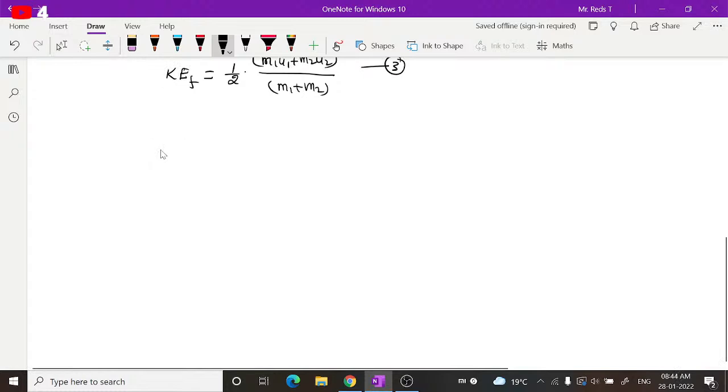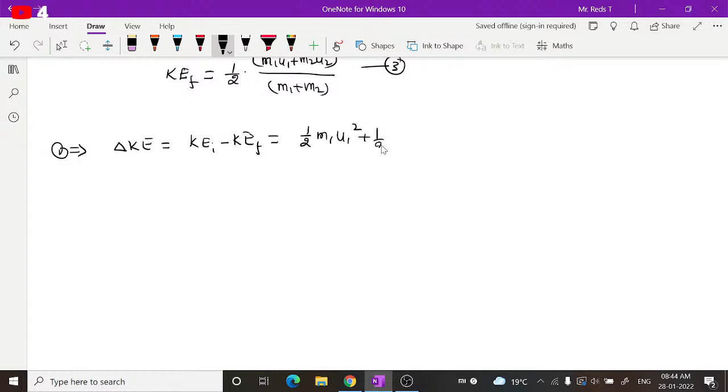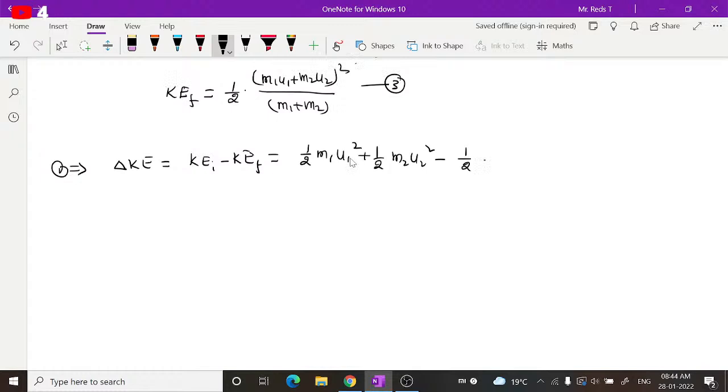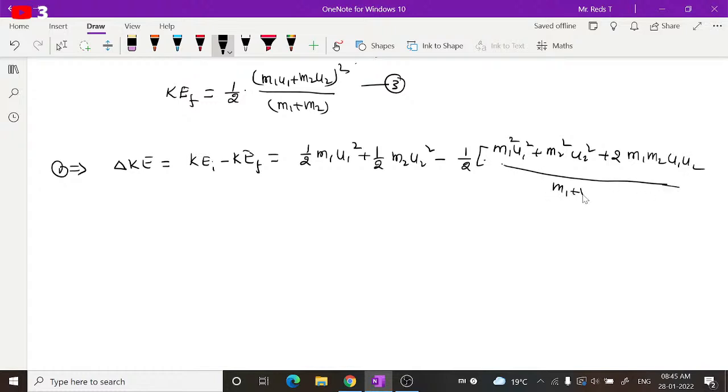Loss of kinetic energy, from equation 1, implies delta Ke is equal to Ke initial minus Ke final, that is half m1 u1 square plus half m2 u2 square minus the final kinetic energy, which is minus half into m1 u1 plus m2 u2 whole square, that is m1 square u1 square plus m2 square u2 square plus 2ab, 2 into m1 m2 u1 u2, divided by m1 plus m2.